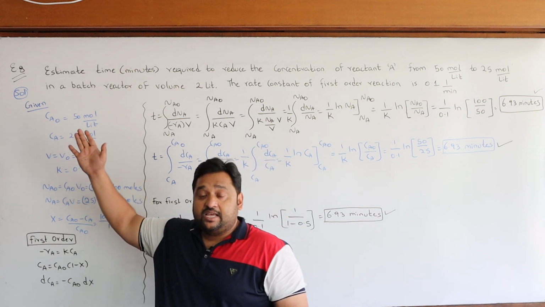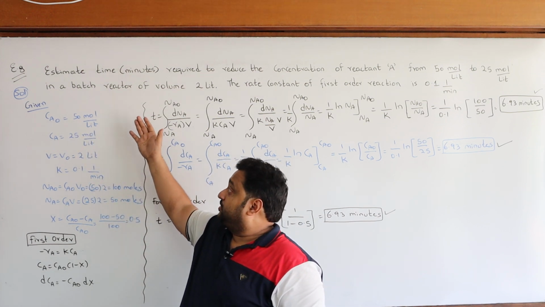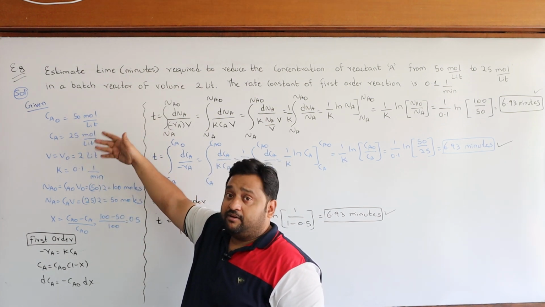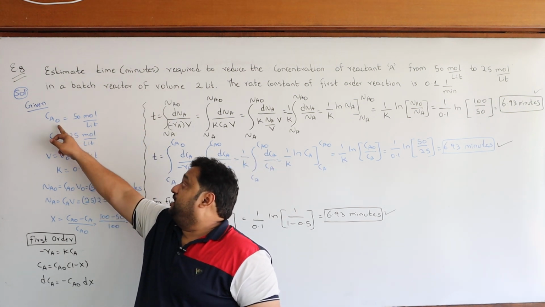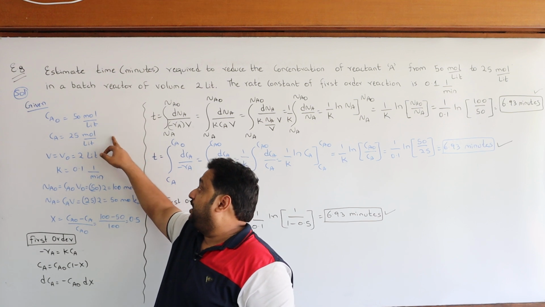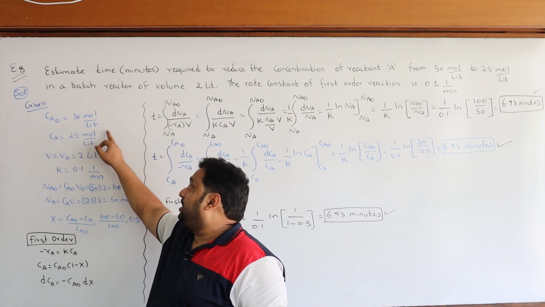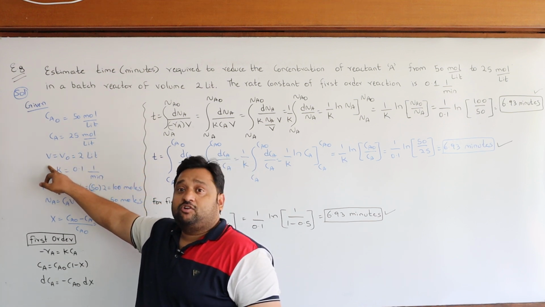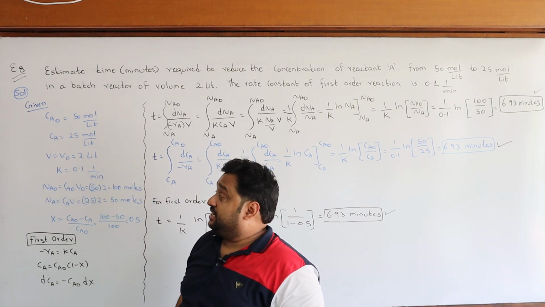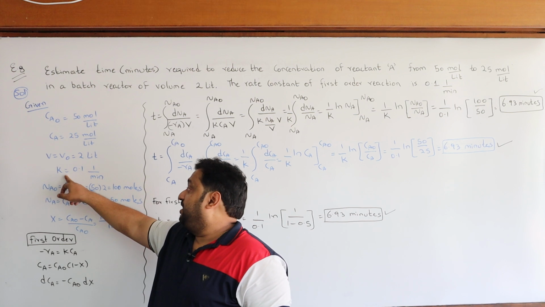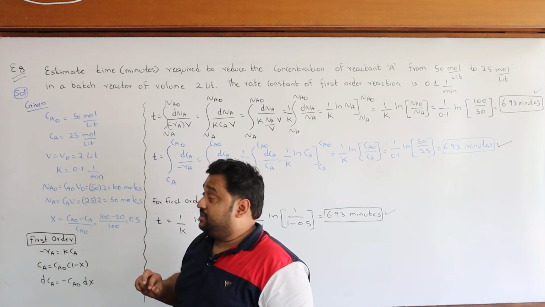So let us tackle the problem by the given data. I know Ca0 is 50 mole per liter, Ca is 25 mole per liter. Because it is a constant volume batch reactor, final volume is equal to initial volume, equal to 2 liters, and the rate constant of the reaction is 0.1 per minute.